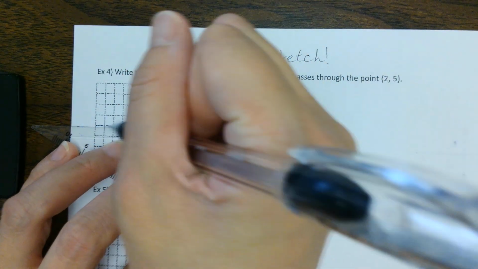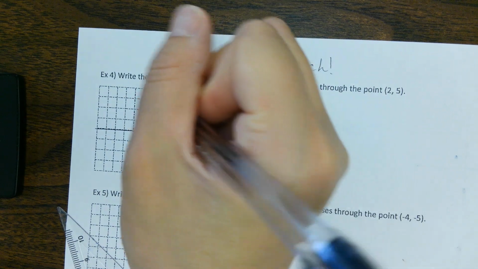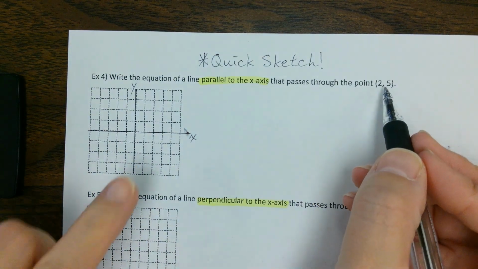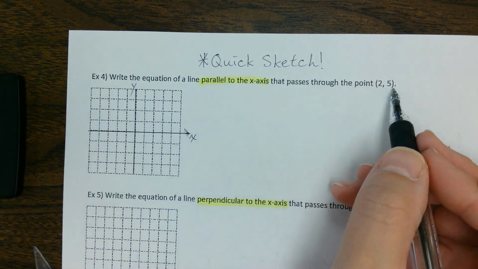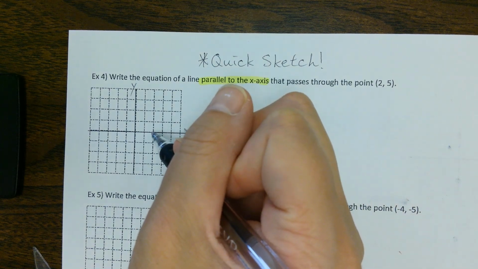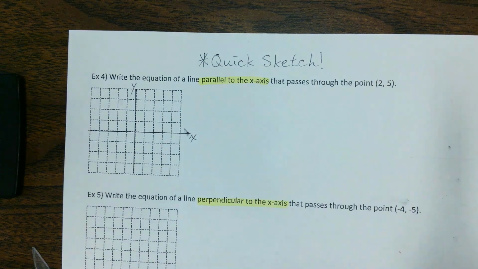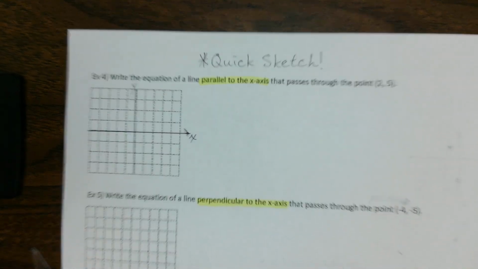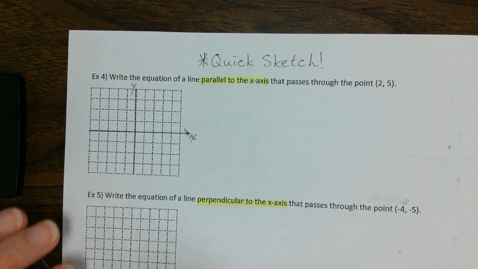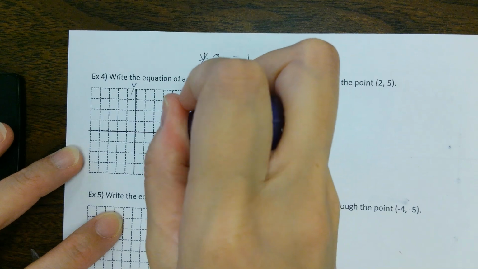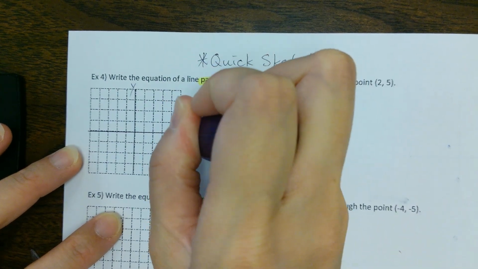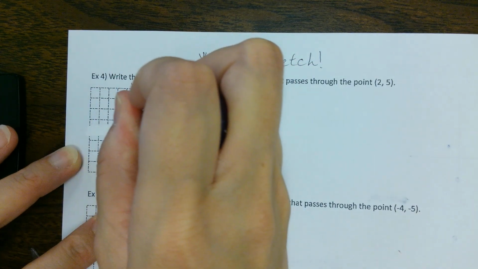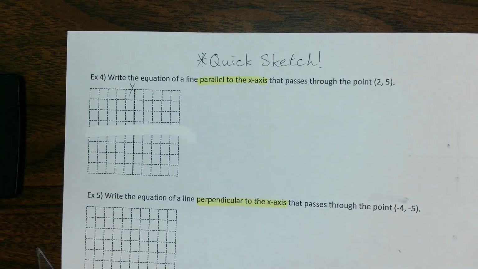Let me just do this, x, y, passes through the point 2, 5. So 2, oh, I should have lowered it, sorry. I don't have whiteout. Anyone have whiteout? Thank you. Sorry.